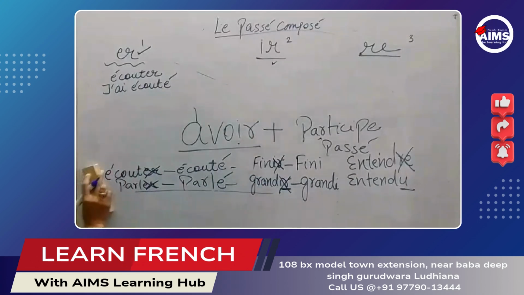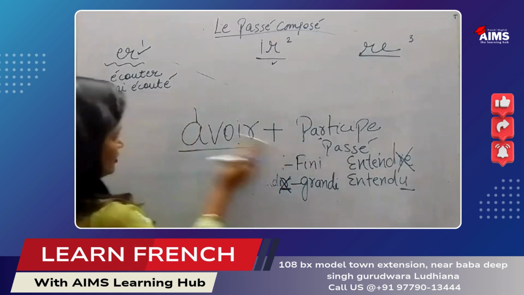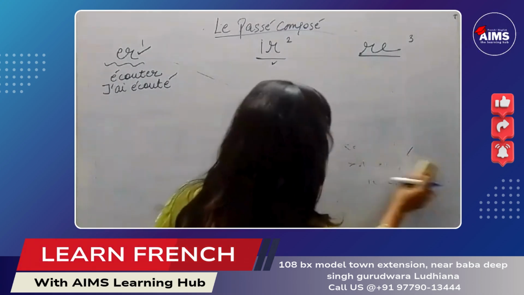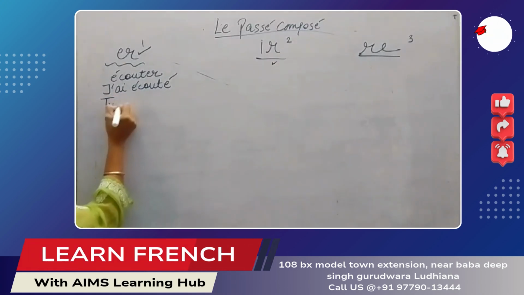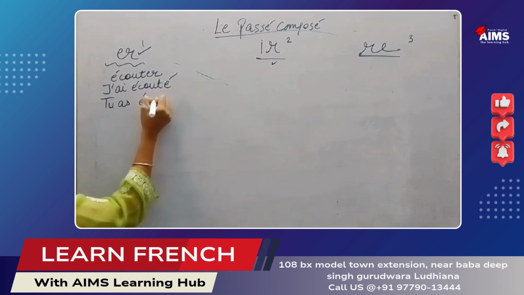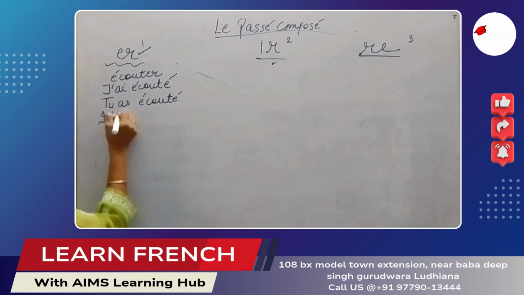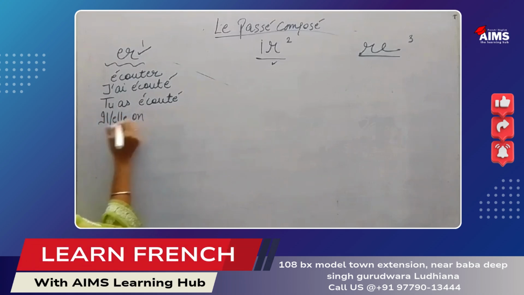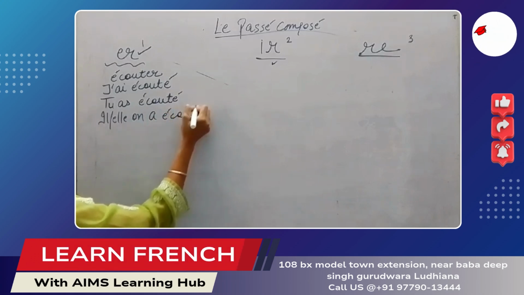Okay? I'm going to rub this. Okay, let's apply this structure in the conjugation. J'ai écouté. Tu as écouté. Yes, tell me. Il. What will come? Il, elle, on a. Very good. Écouté. So, écouté.